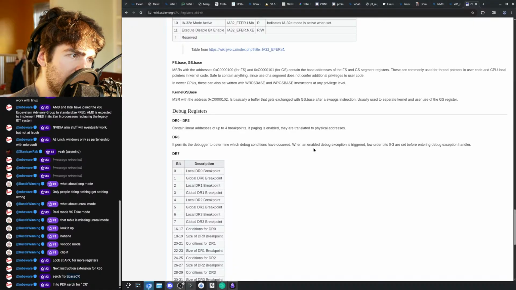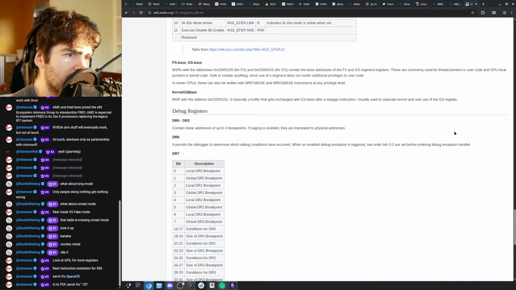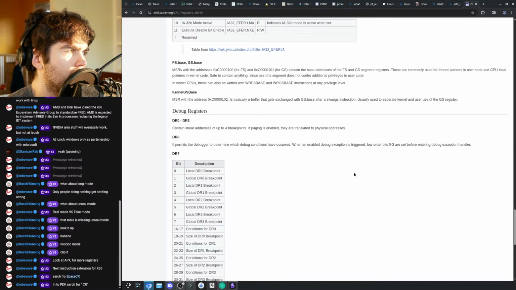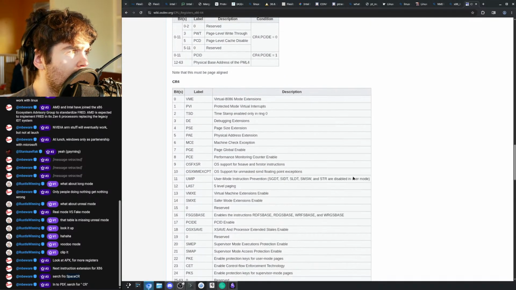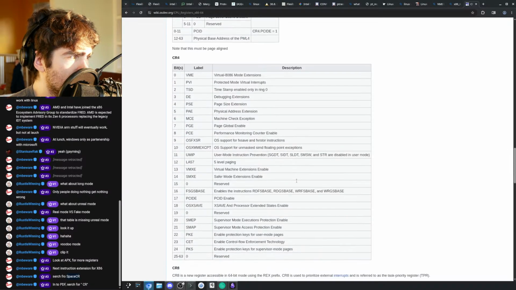When an enabled debug exception is triggered, low order bits 0 to 3 are set before entering the debug exception handler. Okay! Not bad, not bad. Look at all those things.